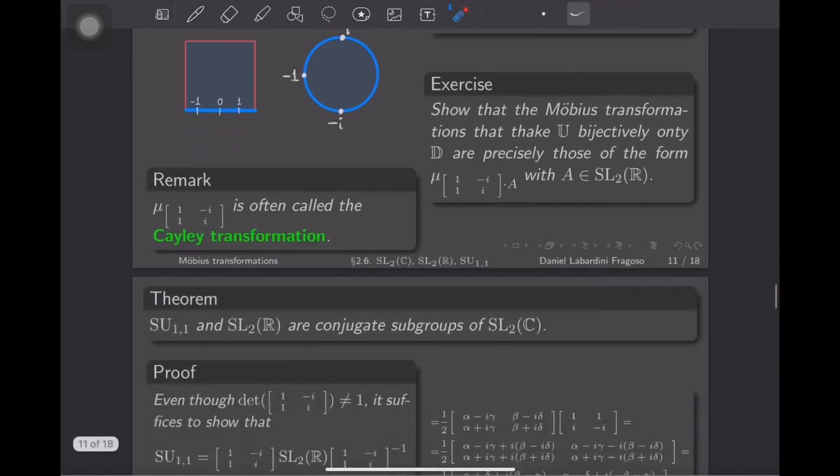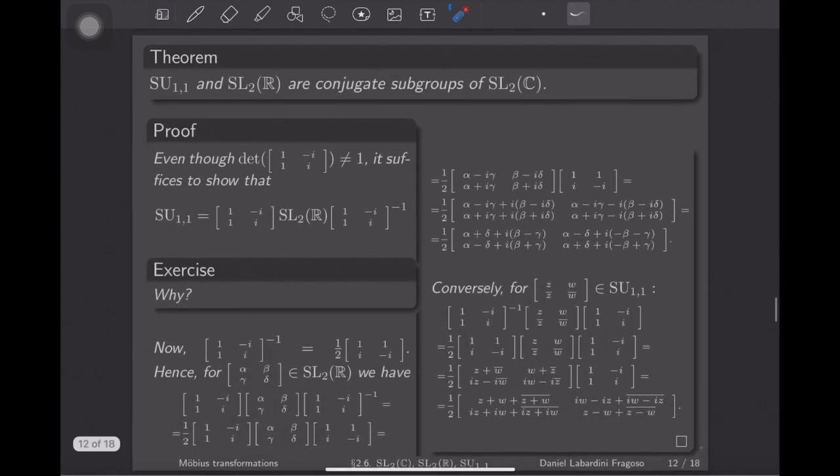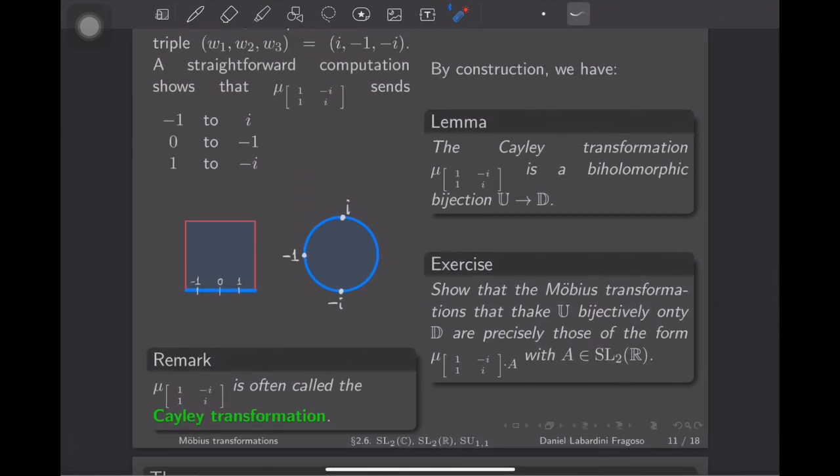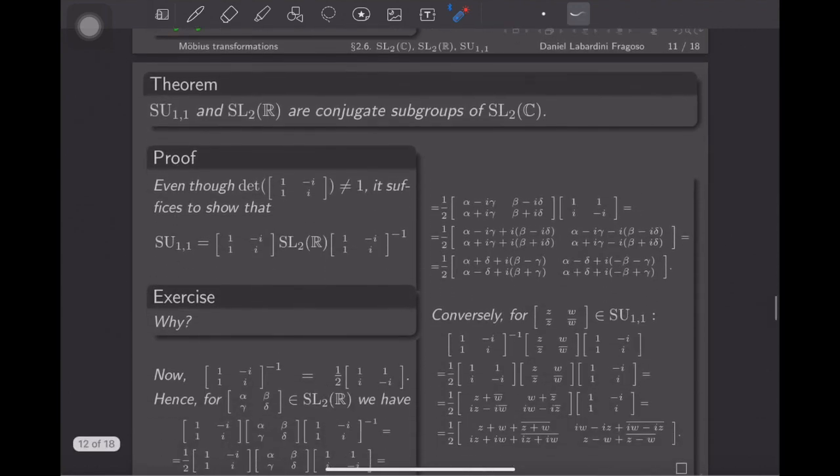What the theorem says is that we know not only that, we know that even before taking Möbius transformations, just at the level of matrices, they are already conjugate. So this theorem is somehow stronger than what one can immediately deduce.